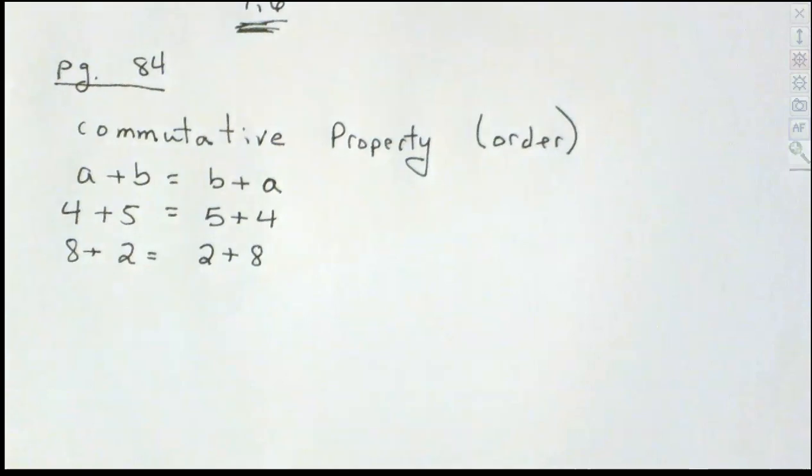So when I talk about the commutative property, what am I allowed to do? Switch the order. Because we know 5 plus 4 is the same thing as 4 plus 5, right? They are the same. We use this property, we just never talk about the name of it. But that's the commutative property. Commutative property says I can switch the order.